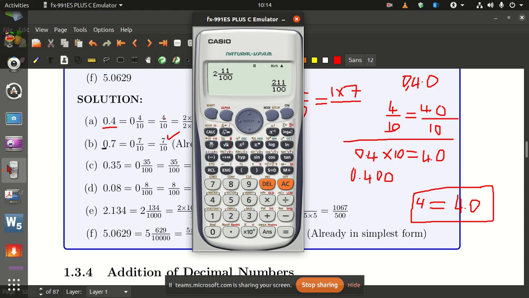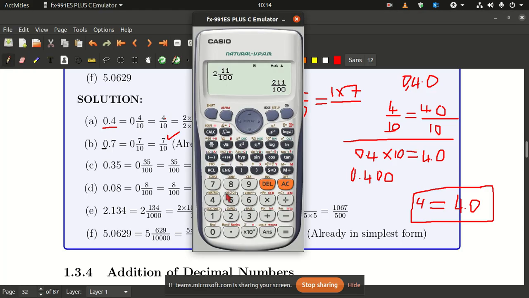Even if we grab a calculator here, you can see that if I place a 0.4 and then multiply by a 10, like I said, multiplication means you're moving this decimal point to the right. So we're supposed to have 4.0 or a 4. That is what we mean by multiplication and division by a 10.